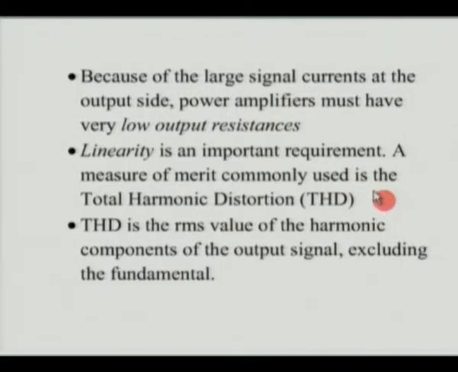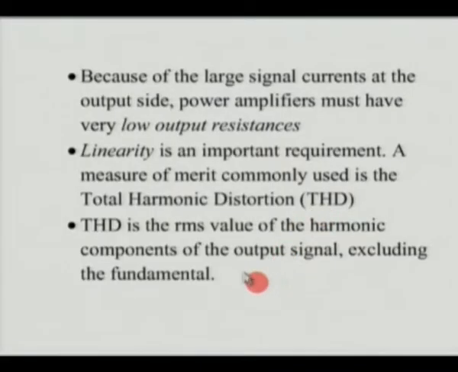Now here unfortunately, since our signal levels are much higher than 10 millivolt and could be of the order of tens of volts, or at least a few volts, generally tens of volts, we talk about a kind of power application. Now here therefore you will have nonlinearity. So one very important parameter in the design of an output stage or a power amplifier is the amount of total harmonic distortion, or what is called the THD.